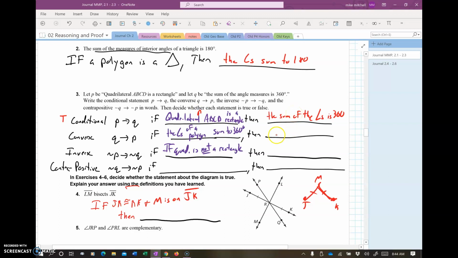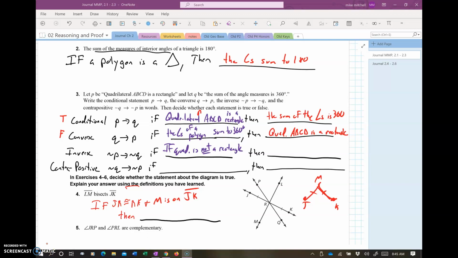Then quadrilateral ABCD is a rectangle. That is false. We could have a trapezoid. The angles sum up to 360. That's a counterexample. That proves that statement false.